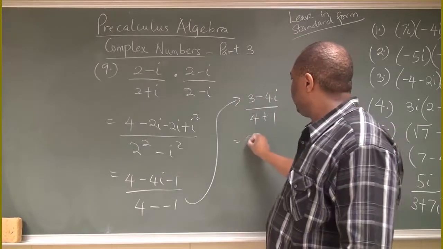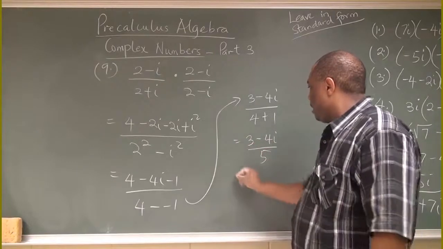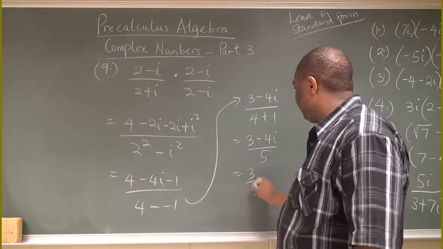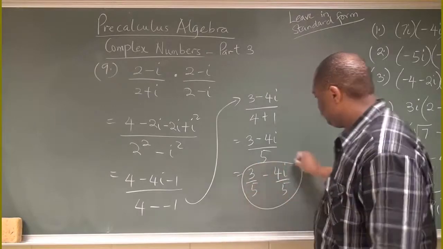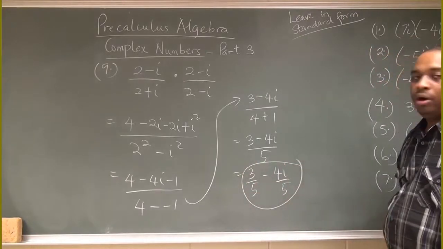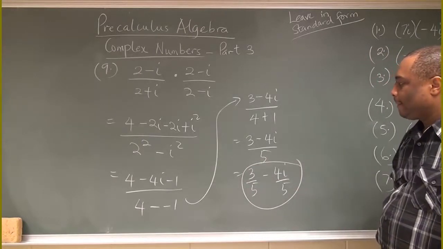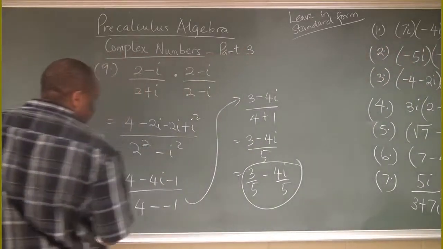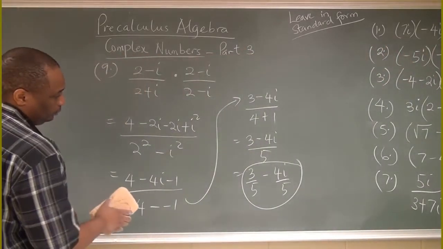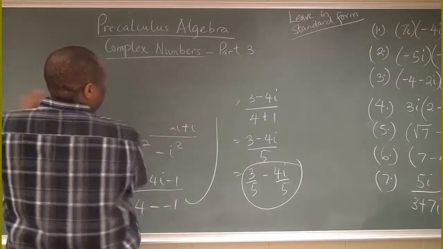So this will give us 3 minus 4i over 5. And that will give us 3 over 5 minus 4i over 5. And that becomes our answer. Alright. Next one. Question 10.